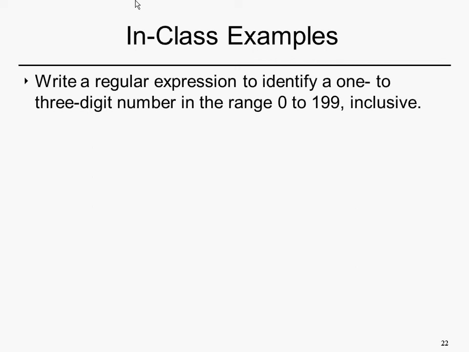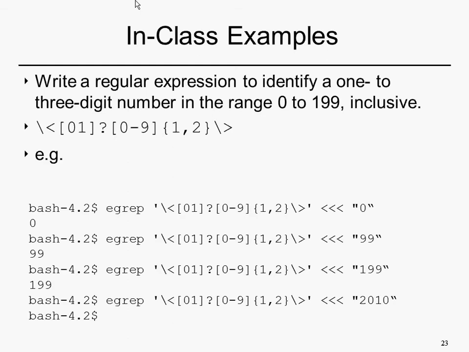Now, you folks will be starting to see here some of the reasons that regular expressions are both very powerful but also very messy sometimes to deal with, to try to impose this sort of limit. But hopefully this will give you some feel for how you can build up regular expressions. Okay, so how about something like this?